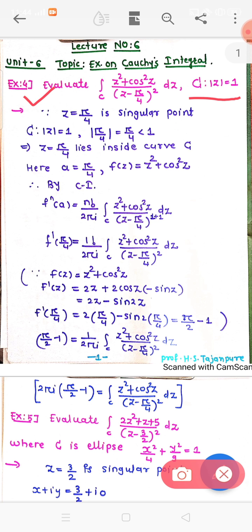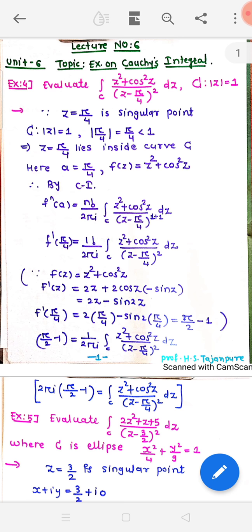Since here z equal to pi by 4 is the singular point, now again check whether that point lies inside or outside. So modulus of pi by 4 is obviously less than 1, this implies that z equal to pi by 4 lies inside the curve C. So here a equal to pi by 4.